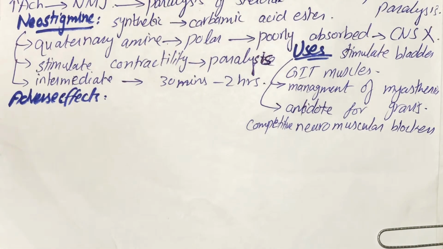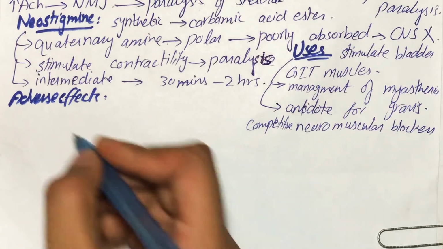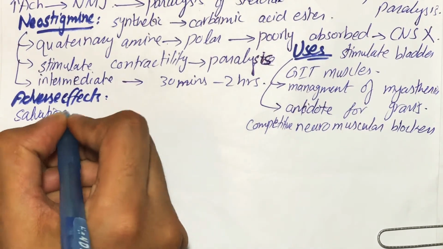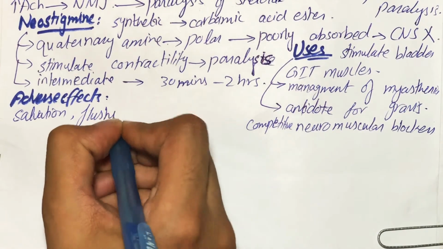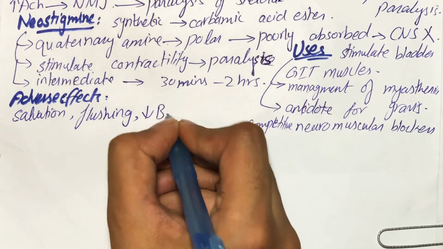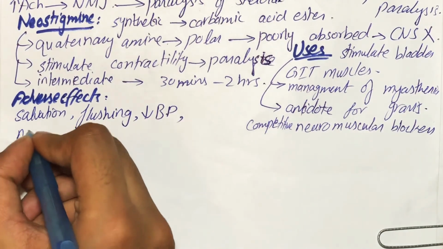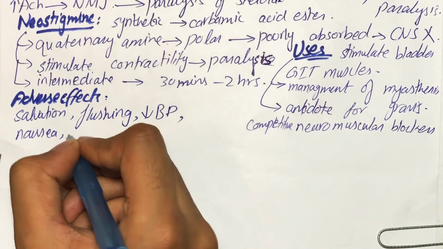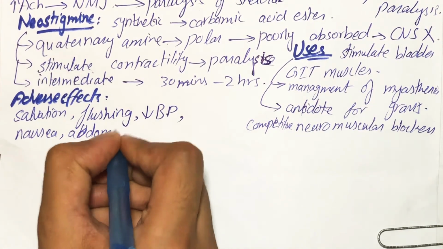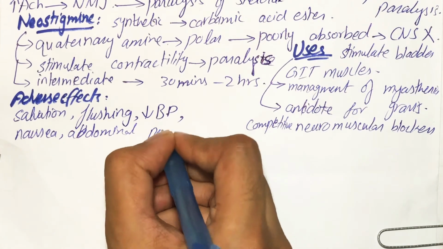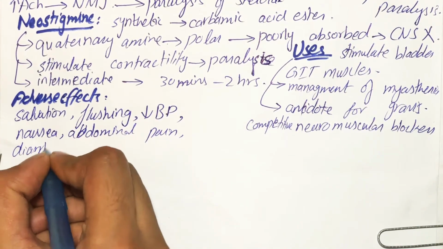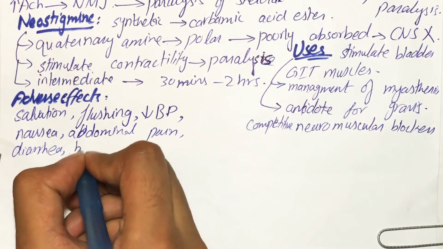Generalized effects of cholinergic stimulation are like salivation, flushing, decreased blood pressure, nausea, abdominal pain, diarrhea, bronchospasm.